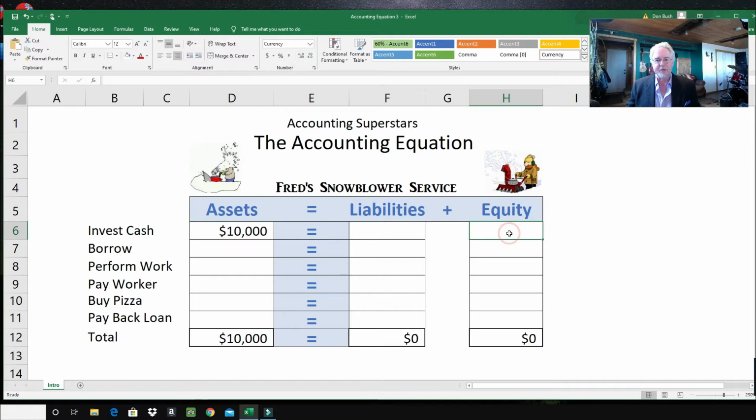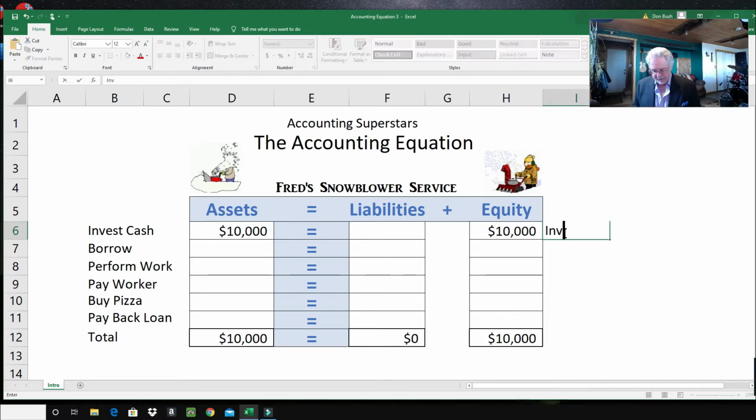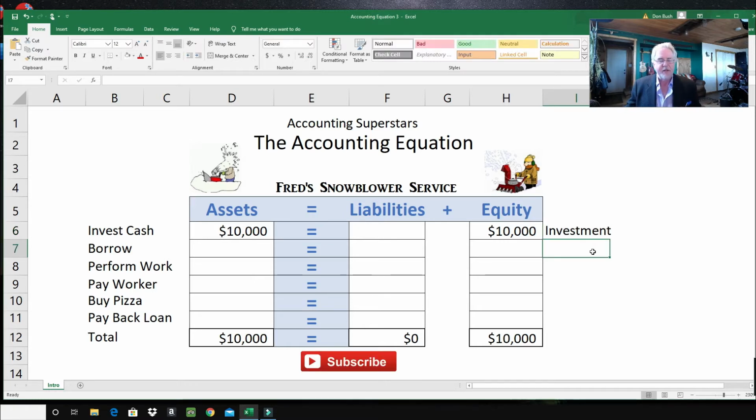So we're going to put this under the equity column. So our accounting equation balances. I've got $10,000 on the left, $10,000 on the right, and I'm going to give it a label. I'm going to call it investment. In future lessons, you'll see why this is important. Fred is investing money into the business.